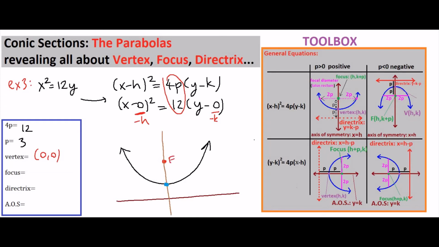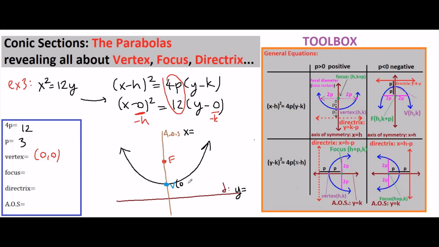This is our focus, this is our vertex, this is our directrix, and this is our axis of symmetry. Axis of symmetry in this case is a vertical line, so x equals some value. Our directrix is y equals some value because it's horizontal now.